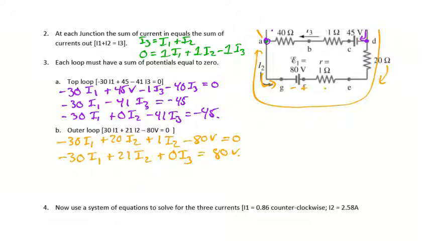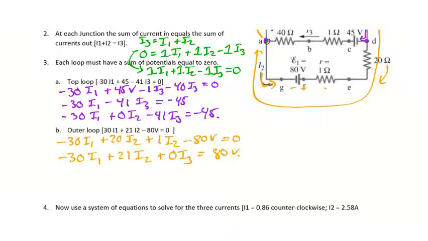So why have I written it like this? Well, let's go back and rewrite the first equation up here from the junction rule. I'm going to write it in the same way: 1I1 plus 1I2 minus 1I3 equals 0. So essentially it's always equal to either the voltage or 0. Now they're all lined up.